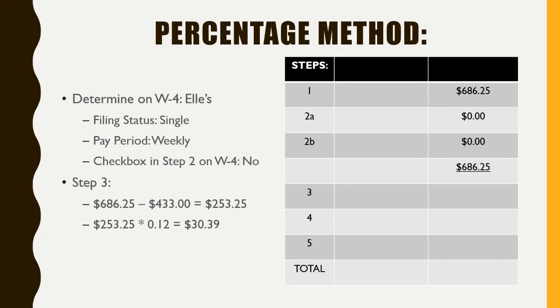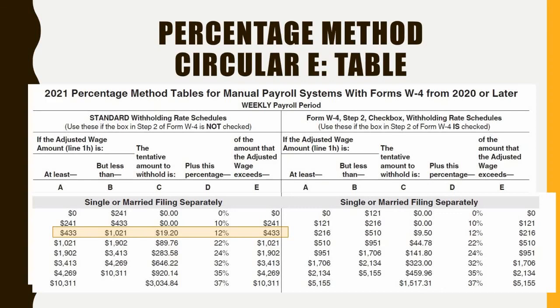$30.39. Okay? And because the government's also going to take away money regardless of the amount that you owe, they're going to take an additional $19.20, because that's what the bracket shows, right? It shows that they're going to take $19.20 away from your paycheck regardless of what you earned. Okay?